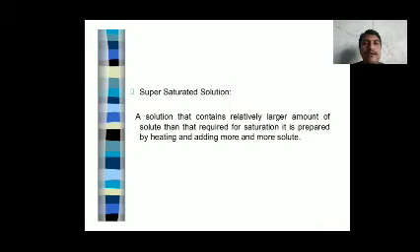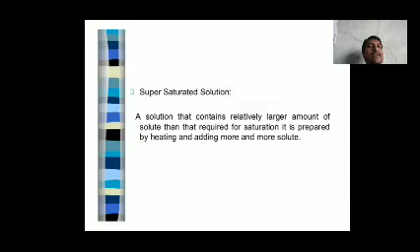Saturated, unsaturated, supersaturated. Now we discuss supersaturated solution. A solution that contains a relatively large amount of solute than that required for saturation.